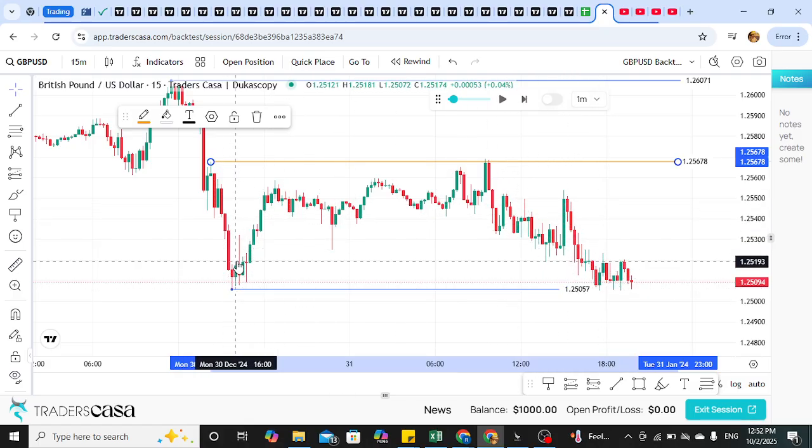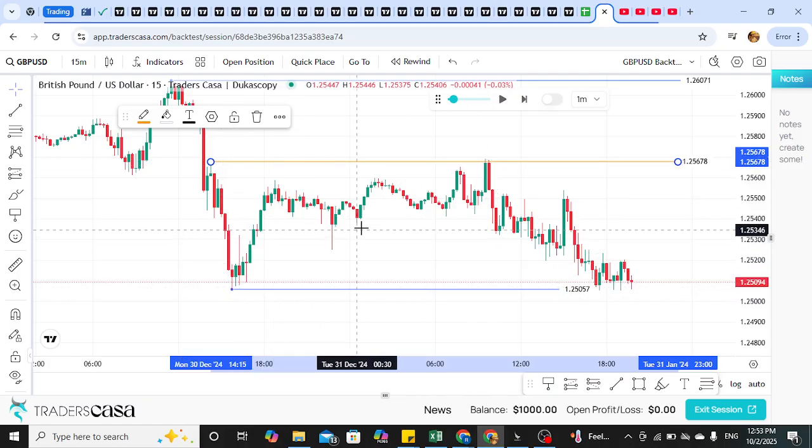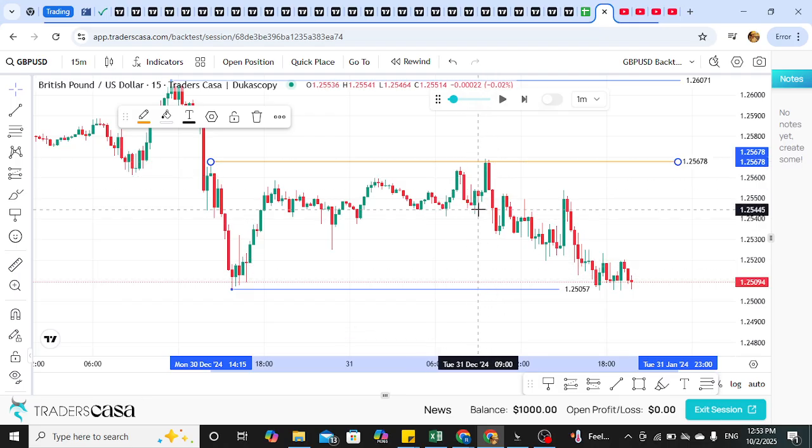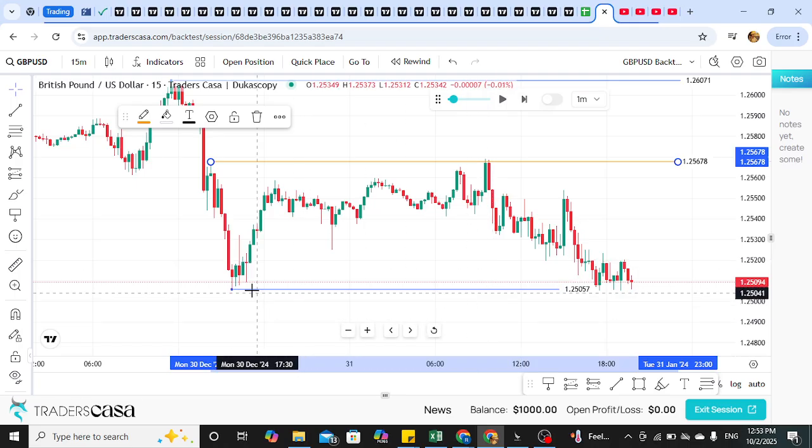Since it is not a change of character and we're moving in the same direction as the previous range, how do we identify the high of the range? We look at the deepest retracement. This is the deepest retracement from the low that has been identified by the hit, until the range was broken.